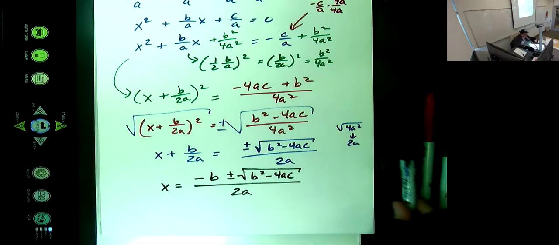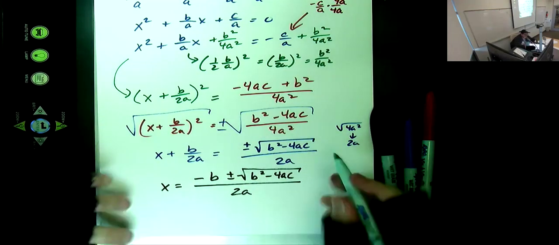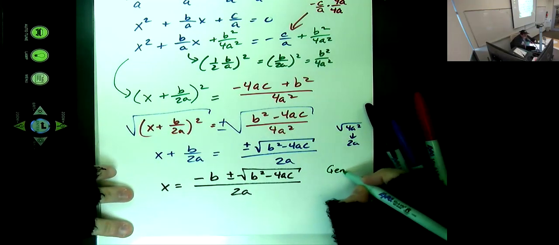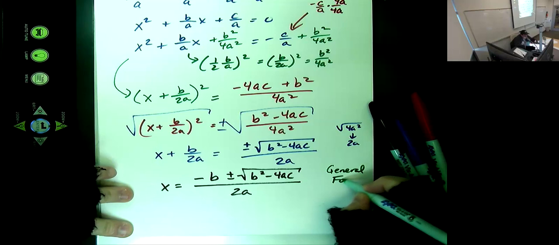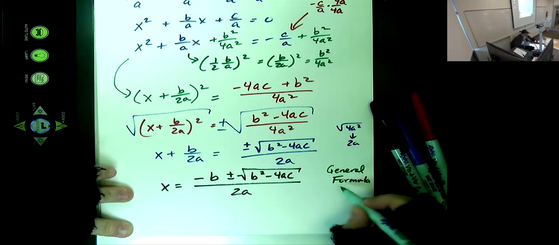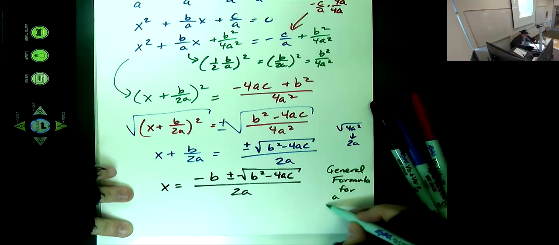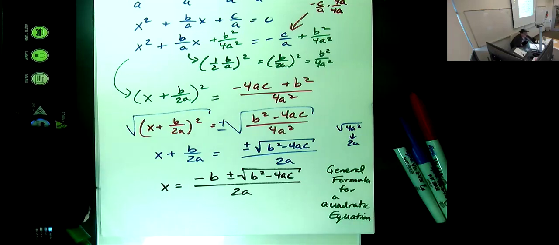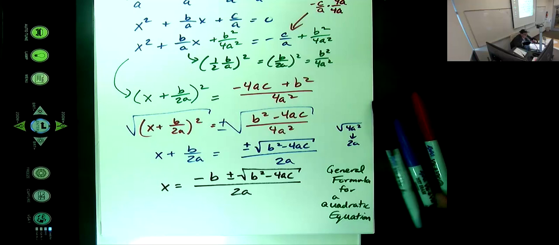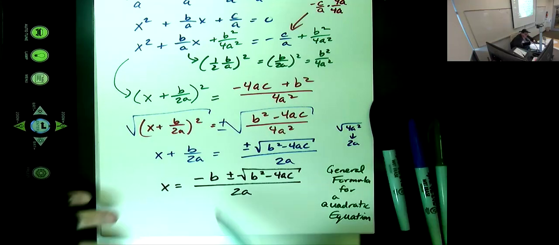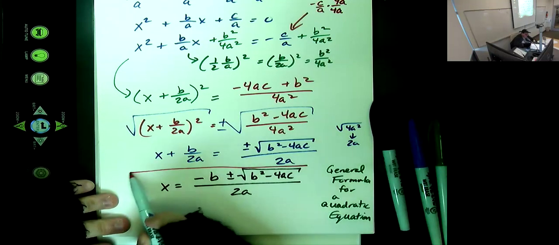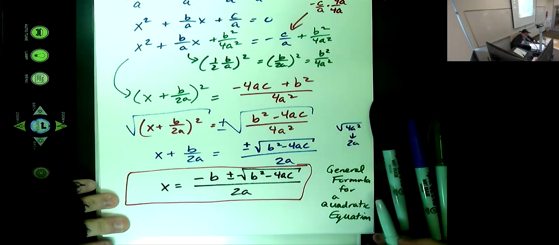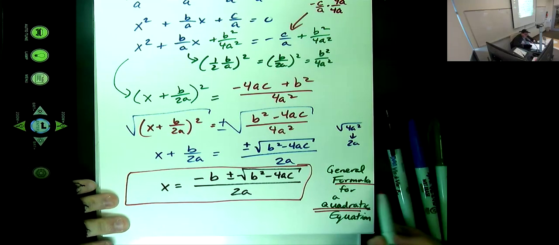And we now have a general formula for x for a quadratic equation. This right here: the quadratic formula.